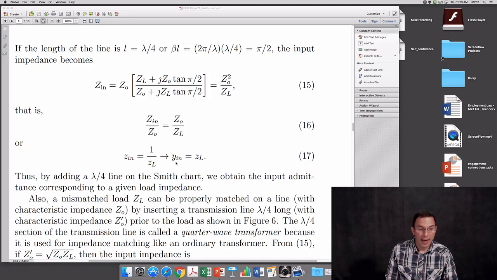So when you add a quarter wavelength line on the Smith chart, you obtain the input admittance corresponding to a given load impedance. So that's one of the things you can see if you attach a quarter wavelength line to a load. If you measure the input impedance, you'll be measuring the normalized admittance of the load. That's what you'll be getting when you measure that. So that might be a useful measurement to be able to make.